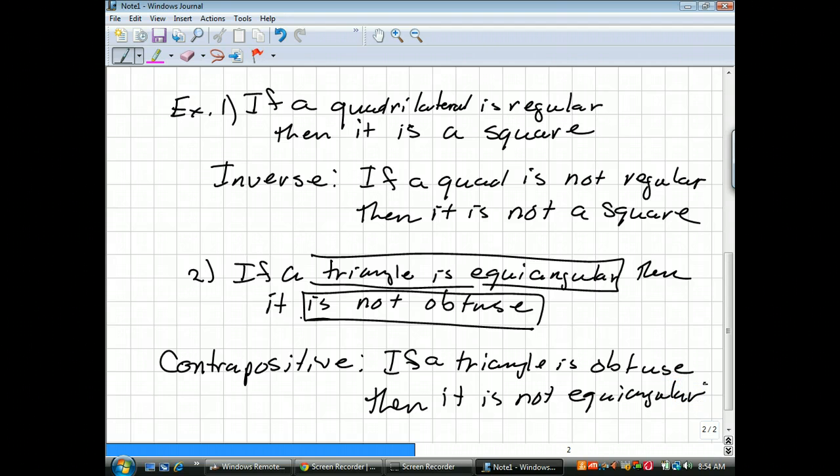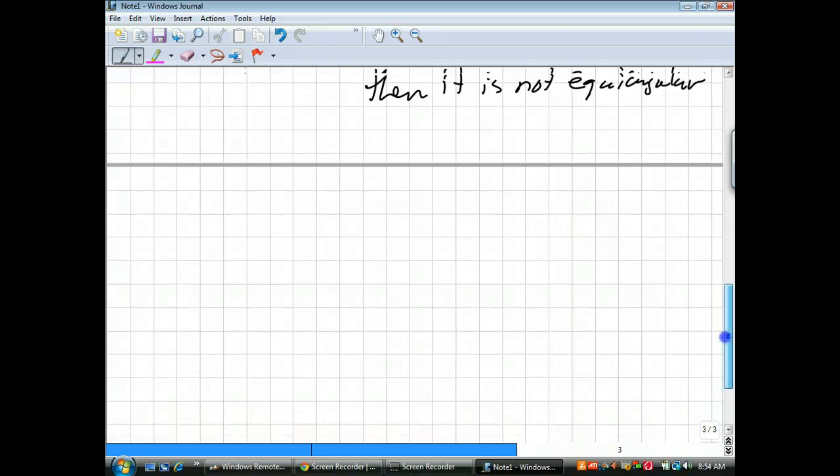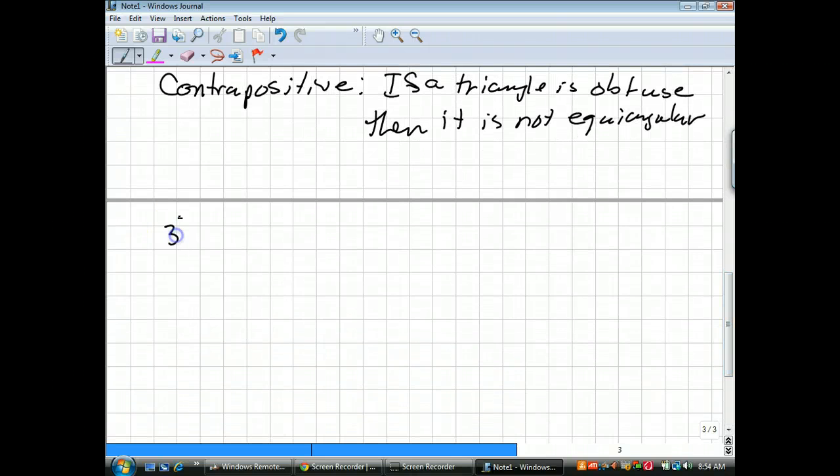Okay? All right, so let's do a third example. If 2x plus 1 equals 7, then x equals 3. Okay? So first we want to write the contrapositive.